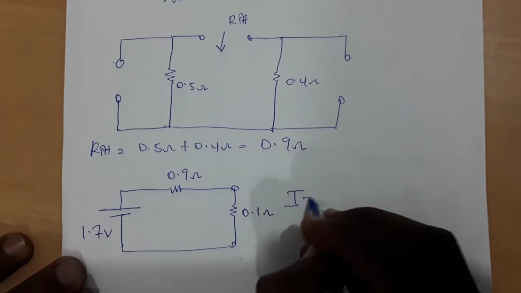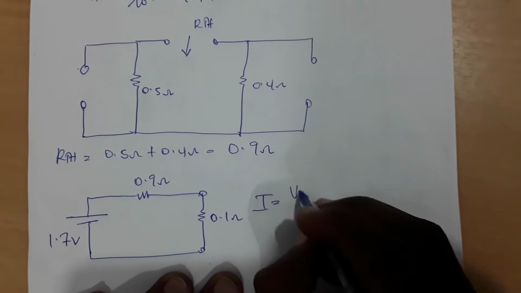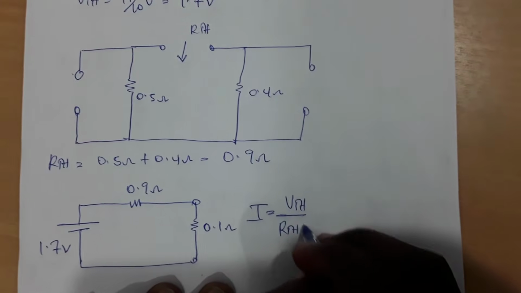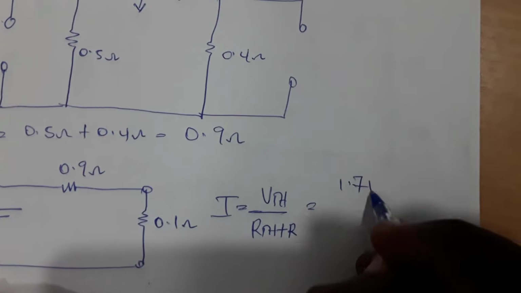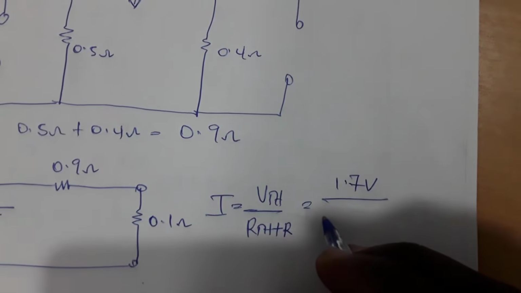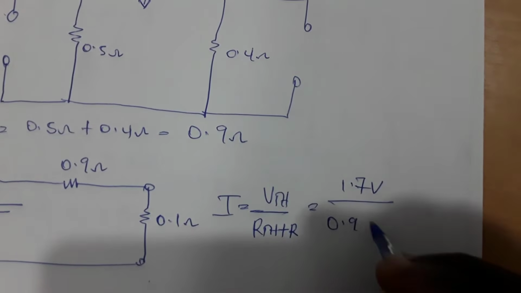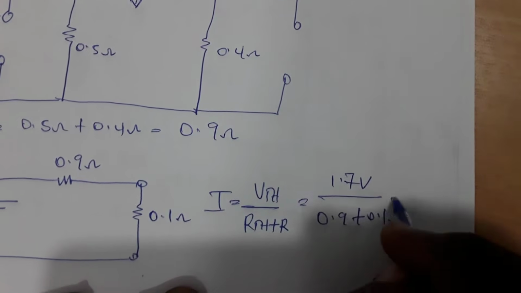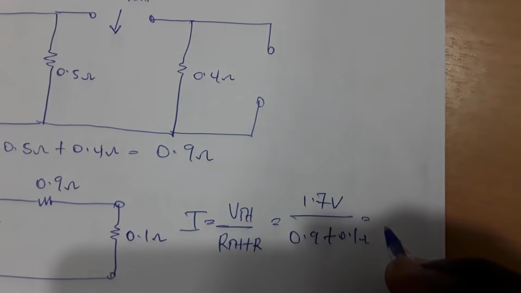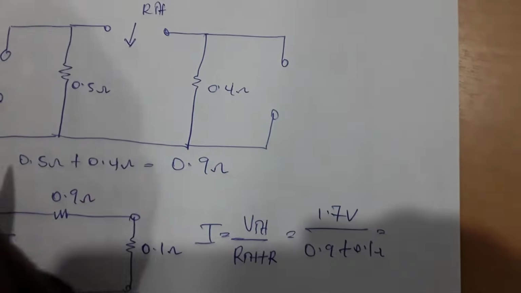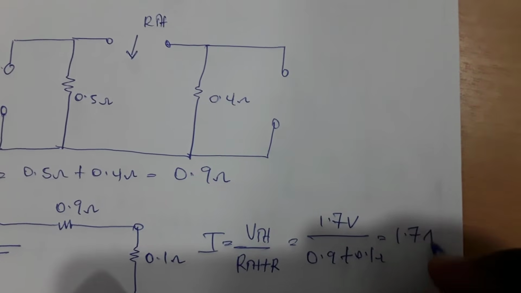So finding the current through the 0.1 ohm will be VTH out of RTH plus the resistor we took out. So it will be 1.7 volt out of 0.9 plus 0.1 ohm, which will give us a certain current, which is 1.7 amperes.